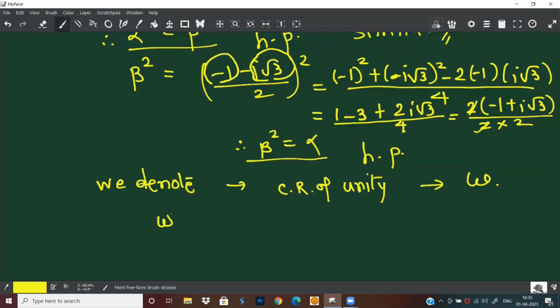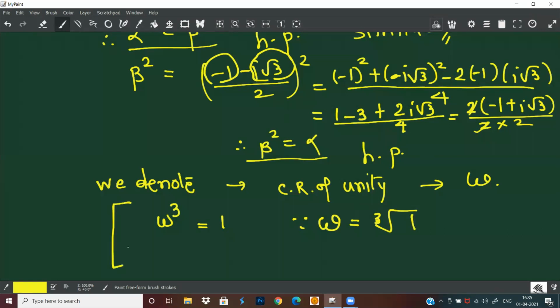Omega cube will be 1, because in place of x where I have written, we denote by omega. So omega is cube root of unity. So cubing both sides, you get omega cube is 1.